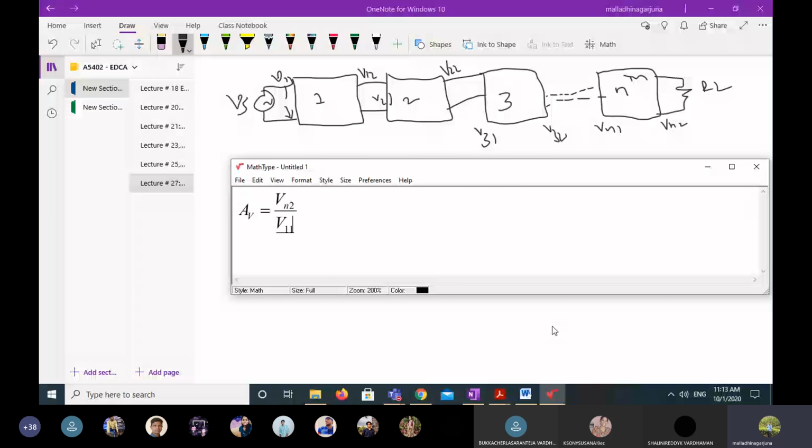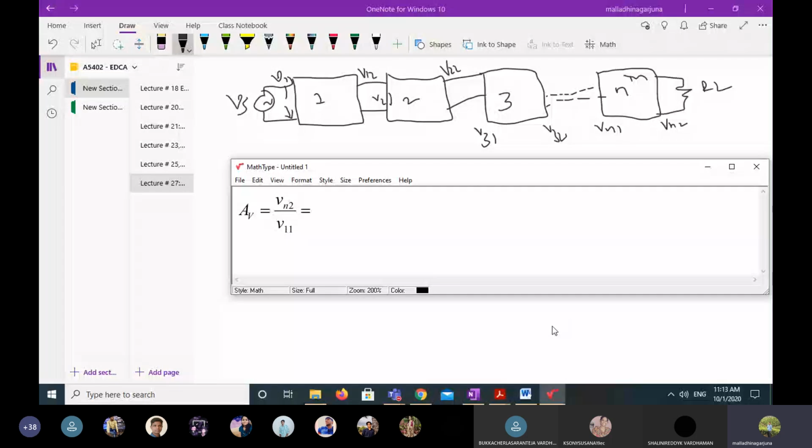Let us represent it with small letters. So Vn2 by V11 is the gain. Vn2 is the output of the last stage, V11 is the input of the first stage. So this is the overall voltage gain.